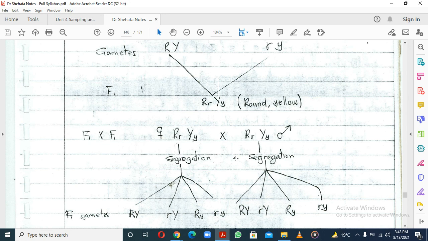So we are getting both that are heterozygous for round and yellow seeds. Then, of course, we always split them into gametes, right? So you take maybe this to be the female, that to be the male, anyway.